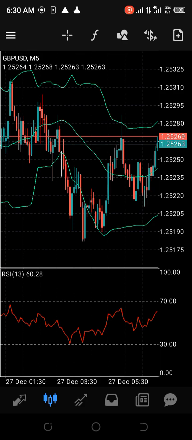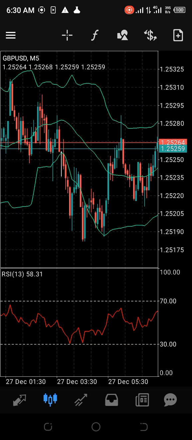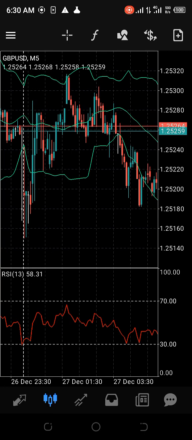The middle one, which is 30, is our moving average. Then this is our lower band. The three of them are in green color.